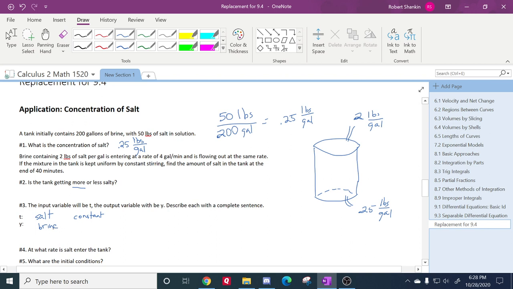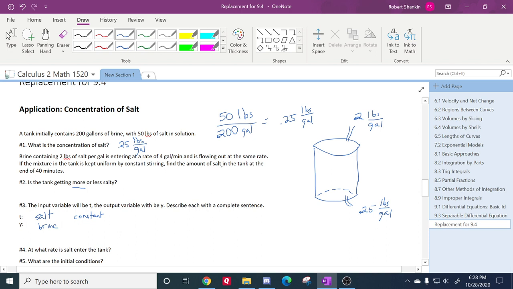So that gets us going. We have some ideas about the input variable and the output variable. A general rule of thumb is, if you look at the thing that's being asked of you, usually you can find your variables in there.